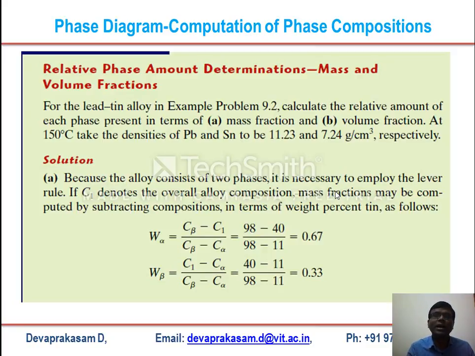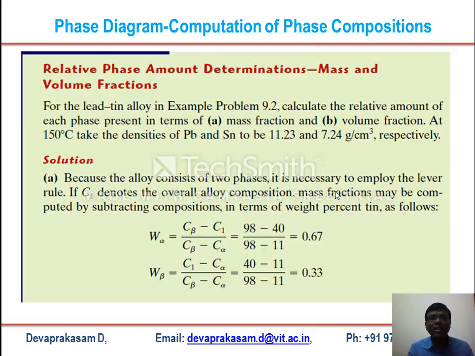Similarly, tin has a density of 7.24 gram per centimeter cube, respectively. But the phases you identify are the compositions of the alpha and beta. So now let us go to how to find out the mass and volume fraction of the phases present at C1, or at the point B.